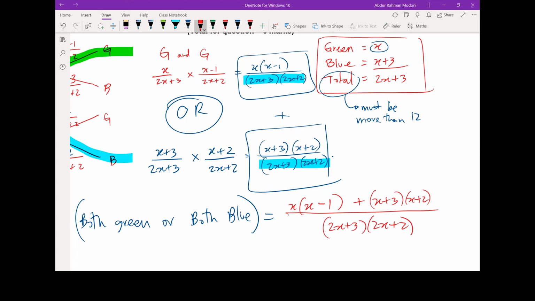And so that is the probability of getting either a green or a blue. Yes, the word "or" is associated with always adding.